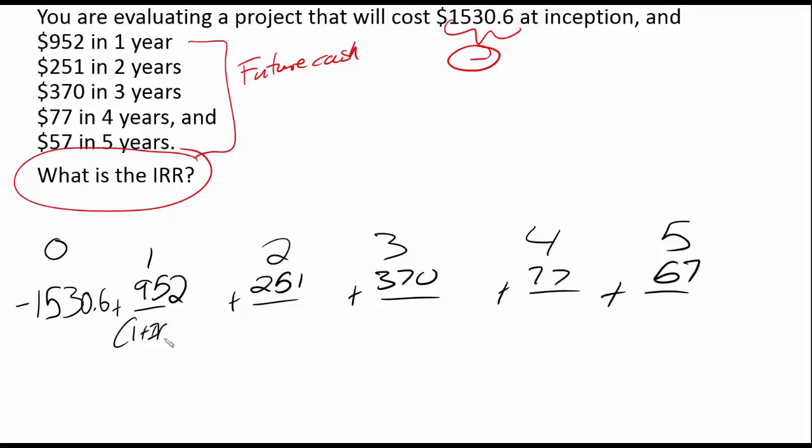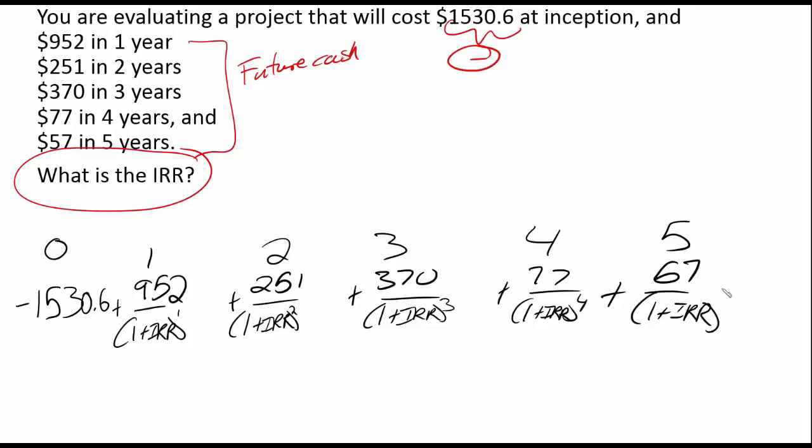1 plus IRR to the first, 1 plus IRR to the second, 1 plus IRR to the third, 1 plus IRR to the fourth, and finally 1 plus IRR to the fifth. Probably should correct that 5 right there.